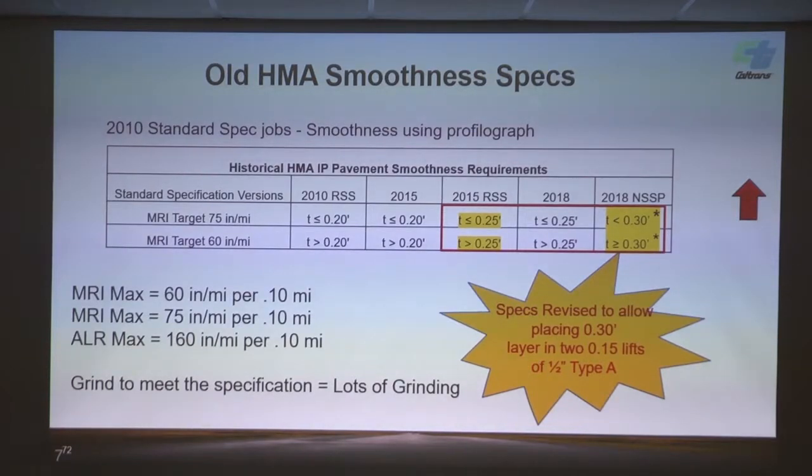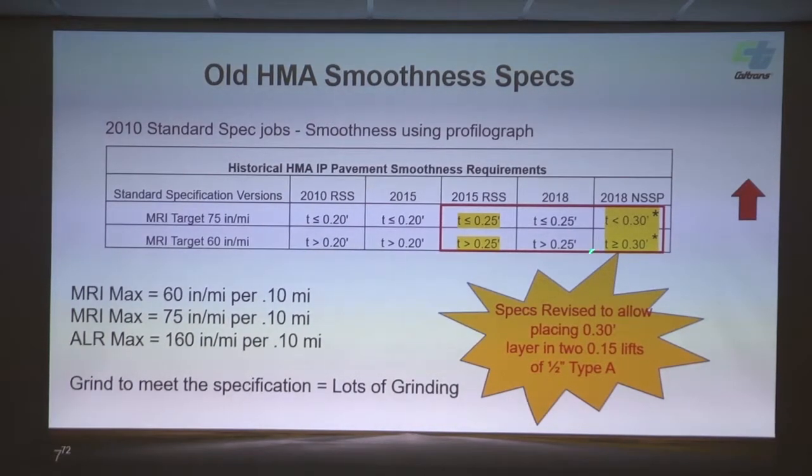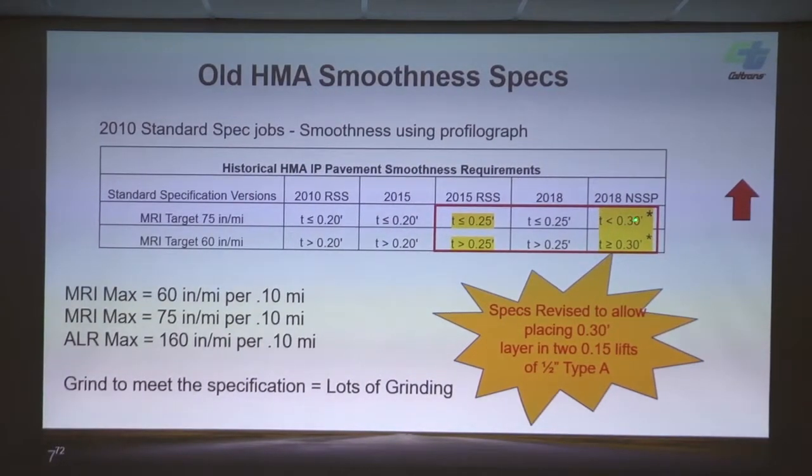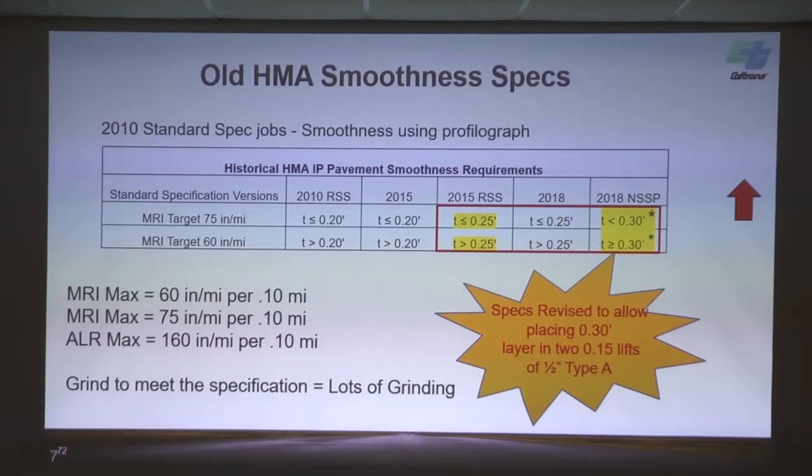The other change is that with our new specs, if you had a 3/10 lift under the old specs, you basically had to place one lift of 3/4 inch type A. Well, that table with the lift thicknesses and layer thicknesses has changed now. You can use two lifts of 1/2 inch HMA, 15 hundredths.